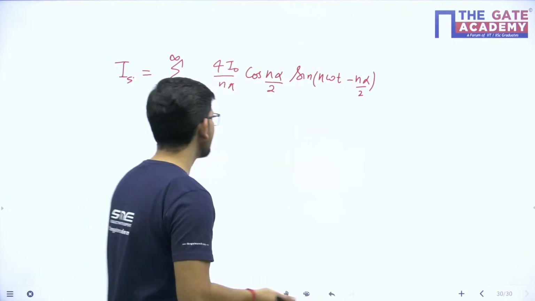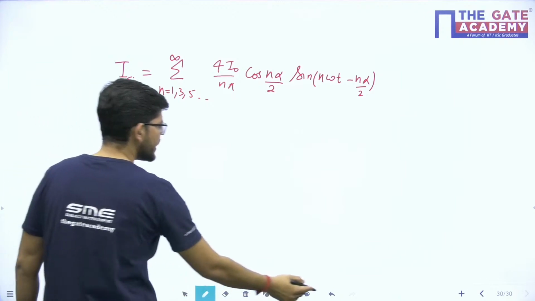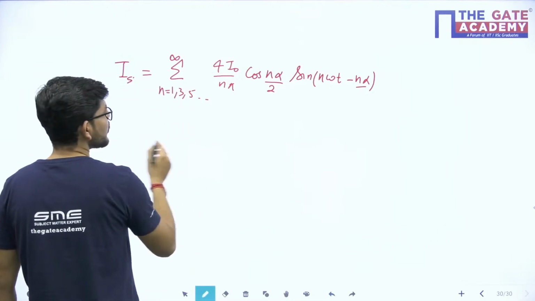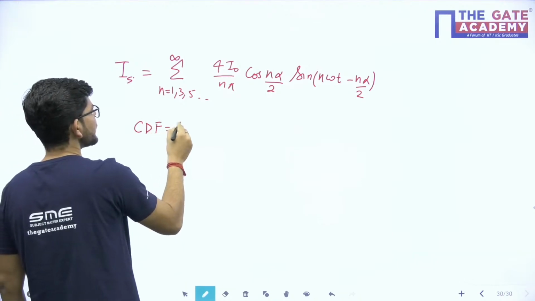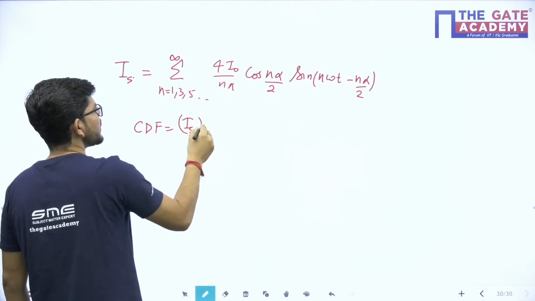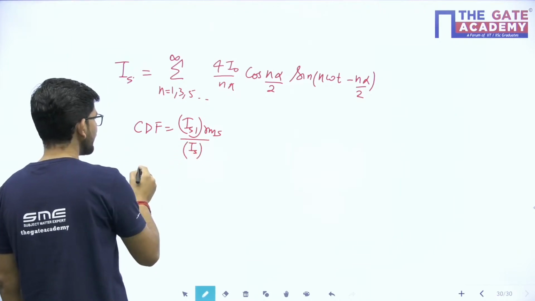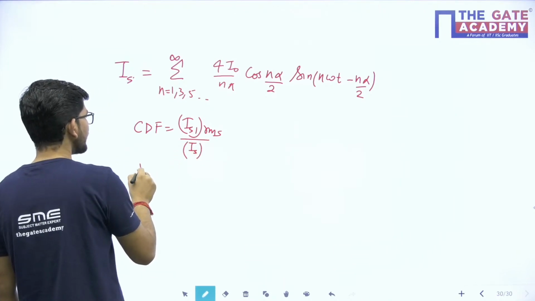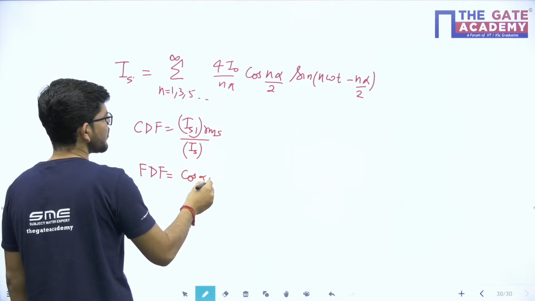Now like we did in case of full converter, you can calculate the CDF. CDF is the RMS value of fundamental component upon RMS value of total component. Then you can calculate the fundamental displacement factor, which is equal to cos of alpha by 2.